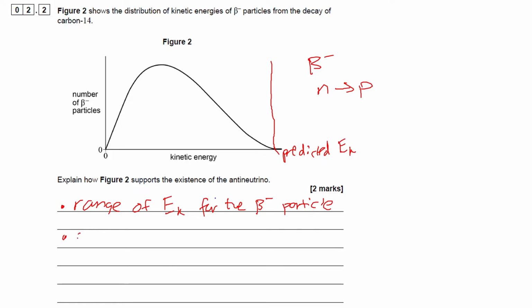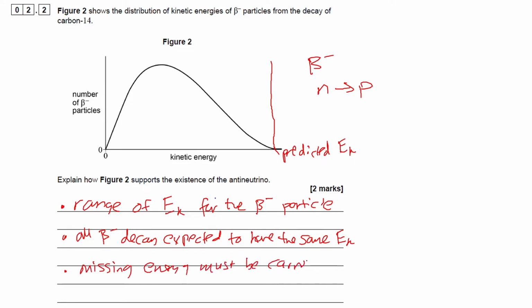So we need to say all beta minus decay is expected to have the same energy, so the missing energy must be carried away by an unknown particle, which they called a neutrino.